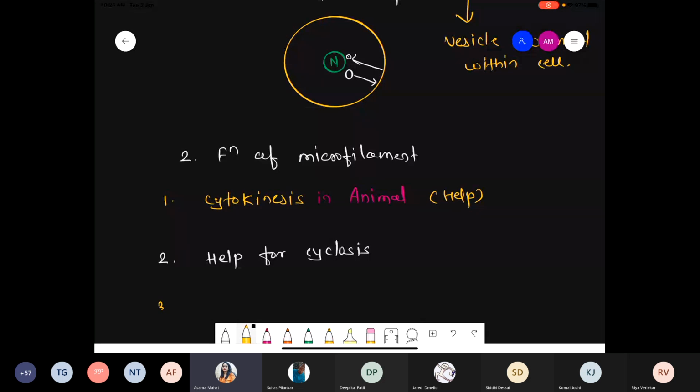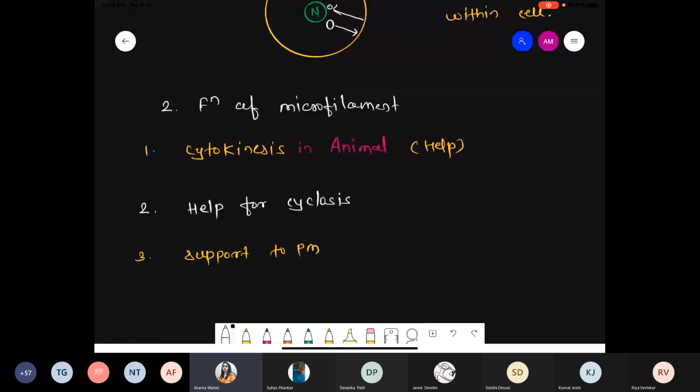Third function: they support the plasma membrane. Normally, what happens? Suppose this is the plasma membrane, the PM. Below the plasma membrane there are microfilaments present, which provide a sheath, which provides the support.